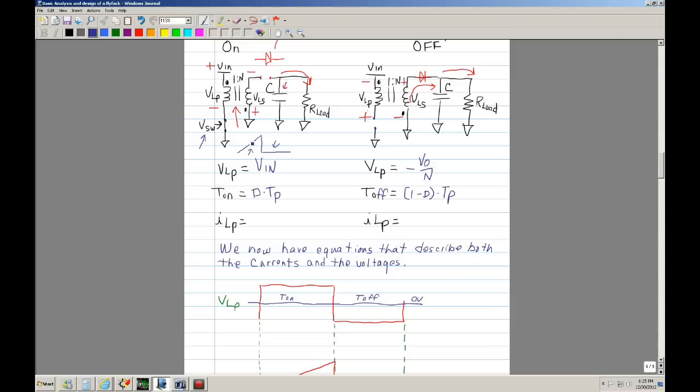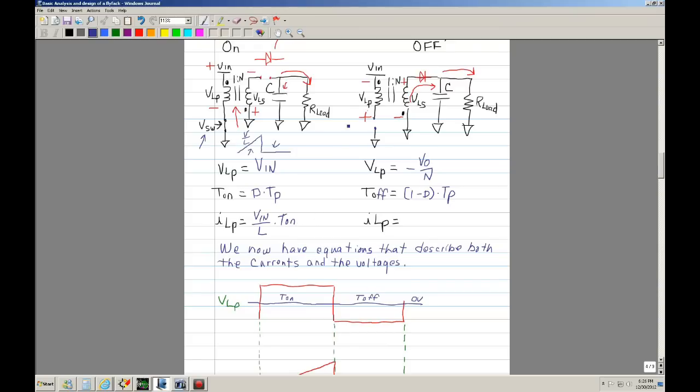During that cycle, the slope is actually V divided by L. So we can write an equation that says the current of the primary is Vin divided by L times T on.